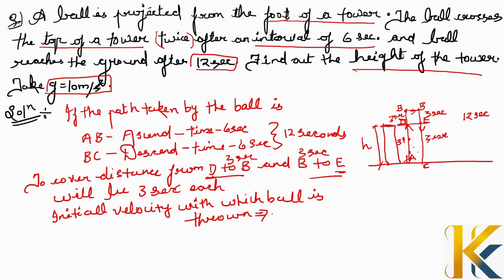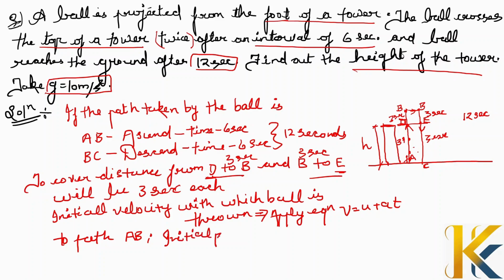So I'll apply the kinematic equation V is equal to U plus AT to path AB. So at point B, what is the initial point? Initial point is A.